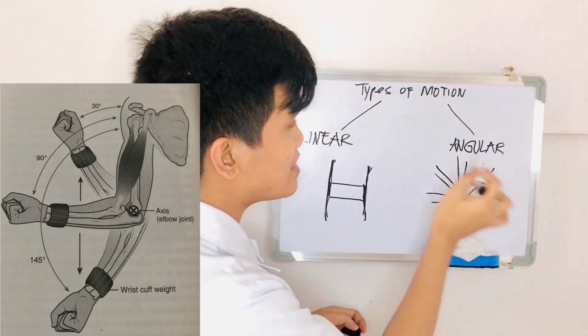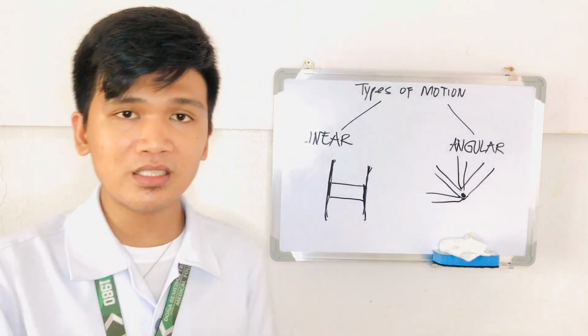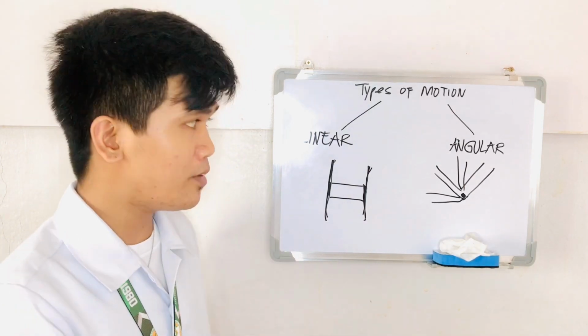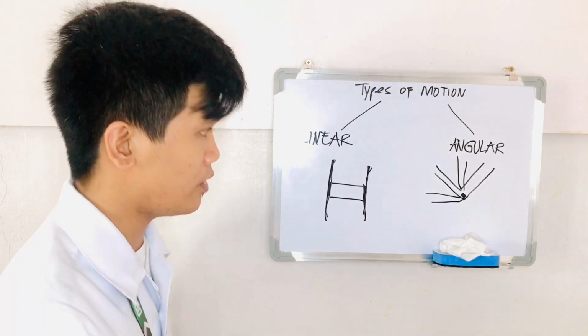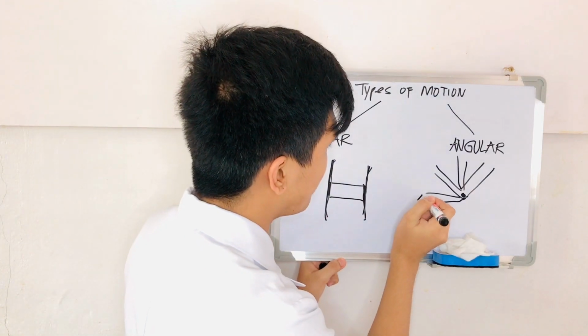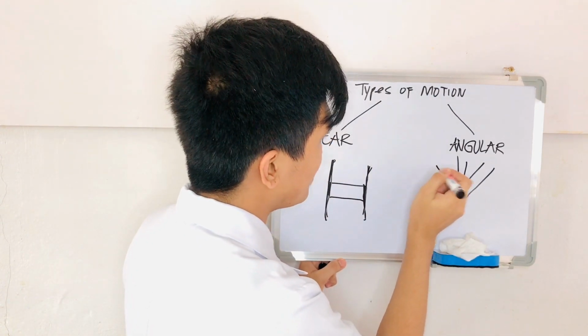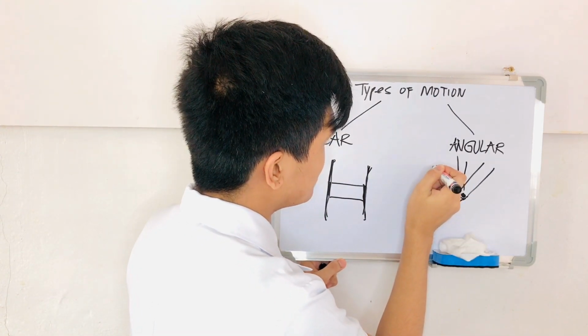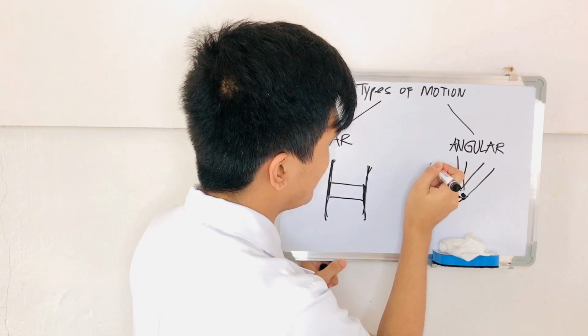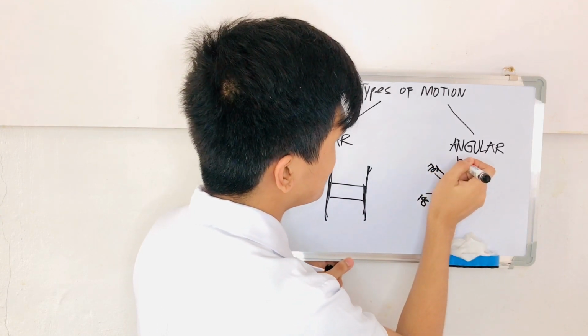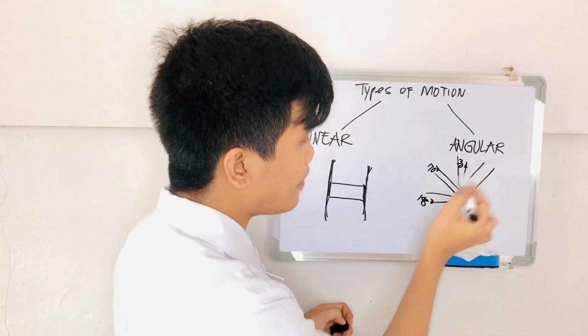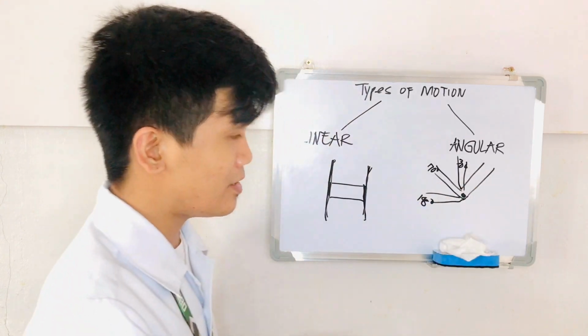So since it has different velocities, velocities are also expressed in terms of the degree of an angle. So let's say this one here is 145 degrees. This one here is 70 degrees. This one here is 30 degrees. So it has different velocities.